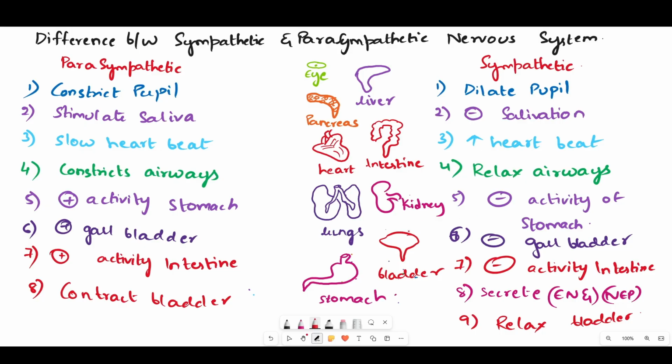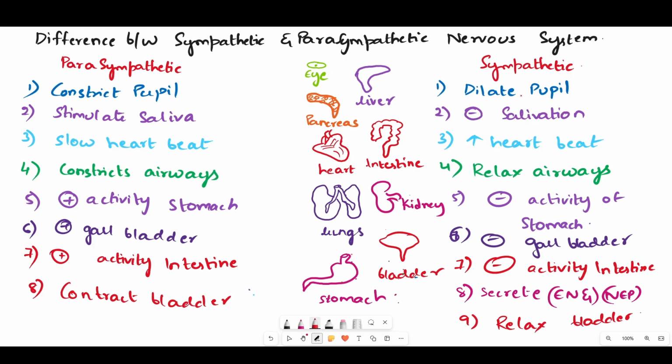And coming to the bladder, this will be causing constriction in the parasympathetic system, and the sympathetic system will be causing relaxation. So mostly the constriction, stimulation and increasing rates will be seen in the parasympathetic system, and all the inhibitory effects can be seen in the sympathetic system.